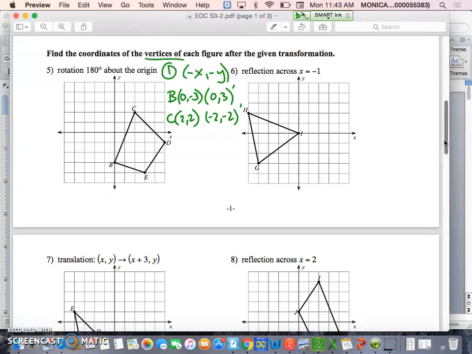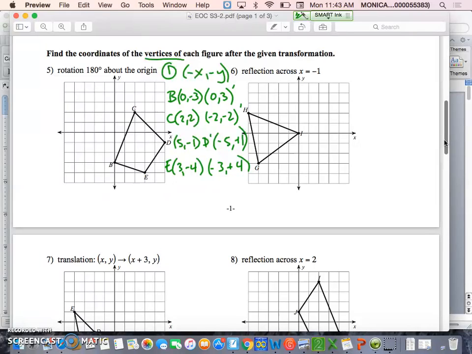D is at 5, -1. D prime is at -5, +1. So you'll notice you're just changing the coordinates. E is at 3, -4. So it's going to go to -3, +4.